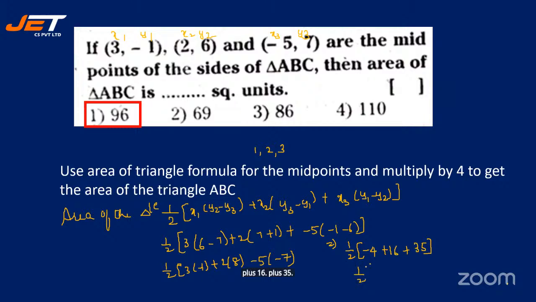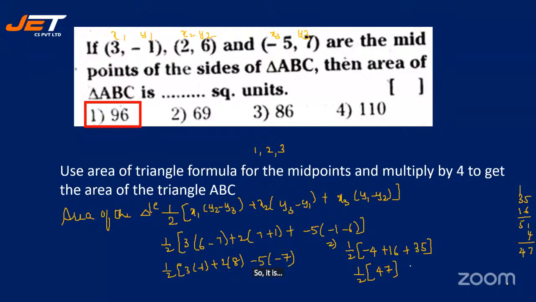Isn't it? So half into 35 plus 16 is 51. So it becomes plus 51 minus 4. So it is 47.